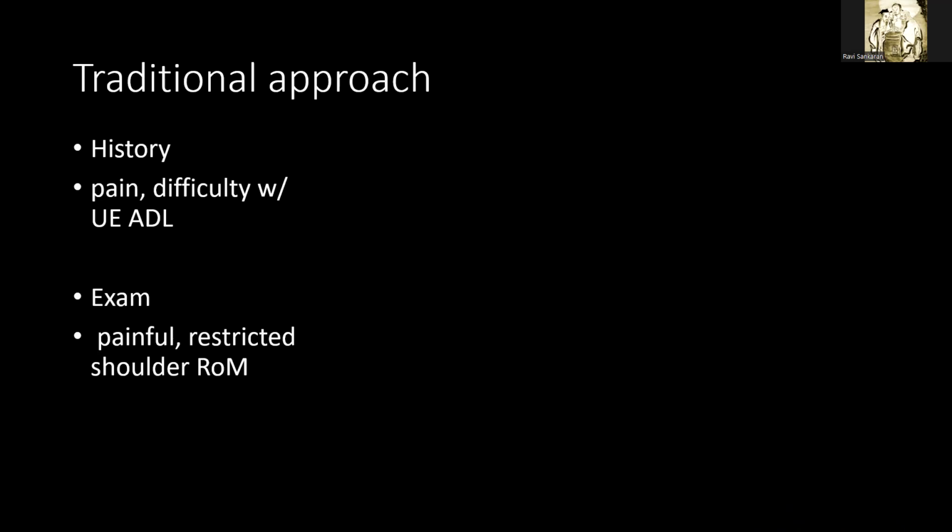The traditional approach is what we all know. You get a history where there's pain, there's difficulty with upper extremity activities of daily living, and the exam shows you a painful, restricted shoulder with restricted range of movement. And you can do some lab work; the acute phase reactants are maybe elevated, maybe not. There might be a high A1C depending on if they're diabetic.